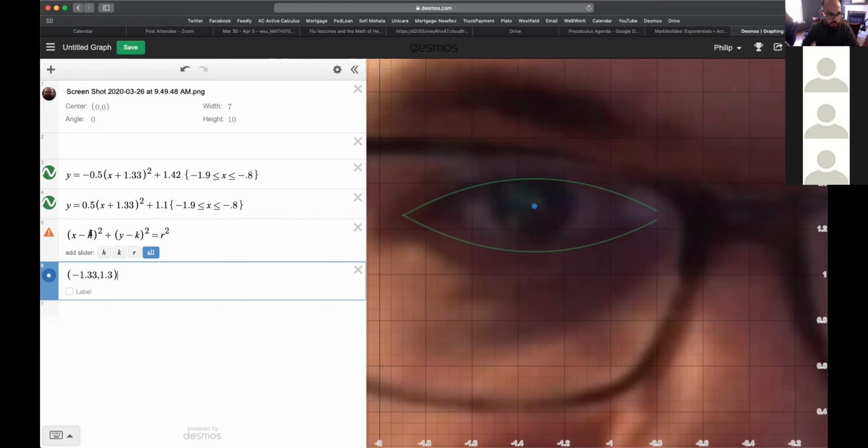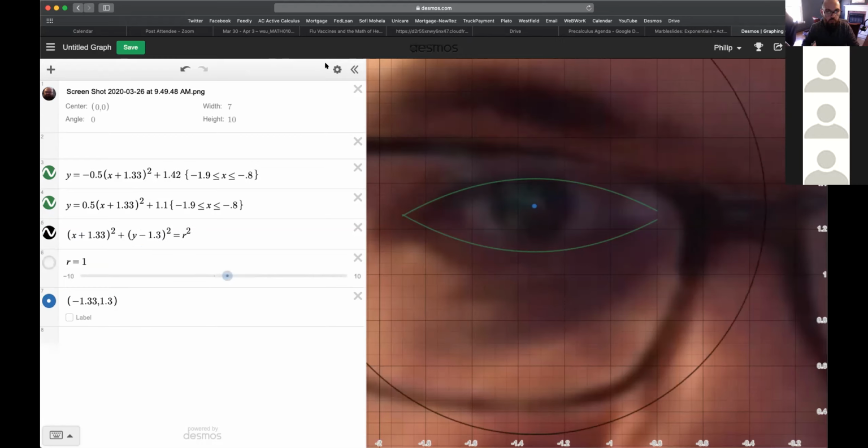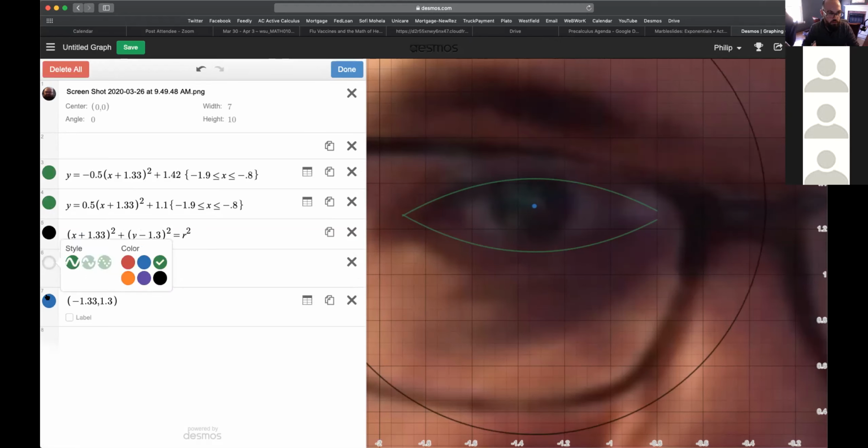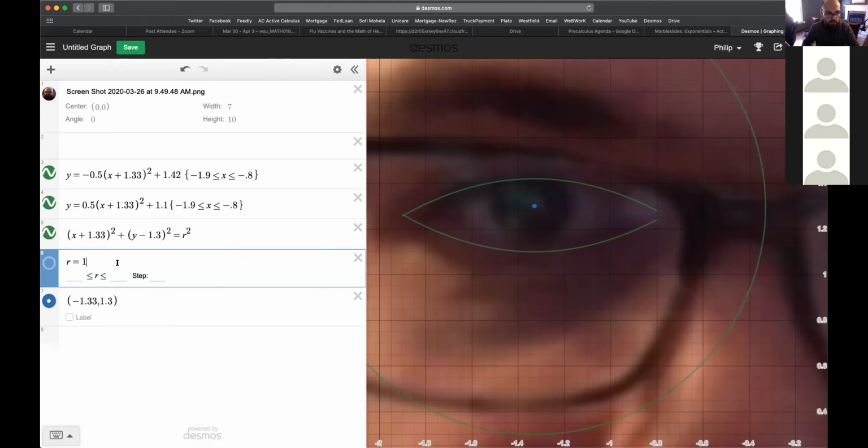So I would use this for h. This would be plus 1.33, and then k would be minus 1.3. Let's make this something we can actually see here. We'll make it green. Again, if I want to figure out what that radius is, Desmos doesn't like r, it uses it for something else, but I could make it 0.1, or 0.11, 0.12 or something.